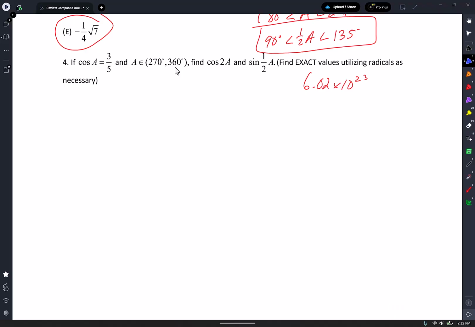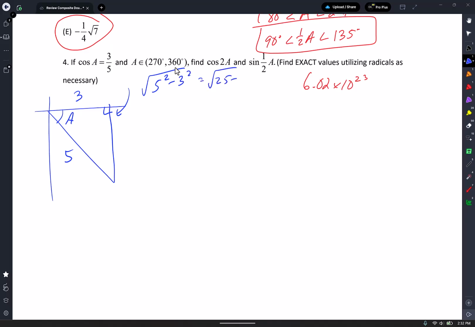All right, I'm going to draw angle A in quadrant 4. So here's quadrant 4 exaggerated, not to scale. Angle A, adjacent 3, hypotenuse 5. You can recognize this as a 3, 4, 5 triangle, or you can just do Pythagorean theorem. That's a square root of 5 squared minus 3 squared. So 25 minus 9, so square root of 16, which is 4.